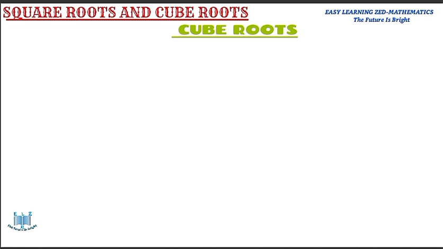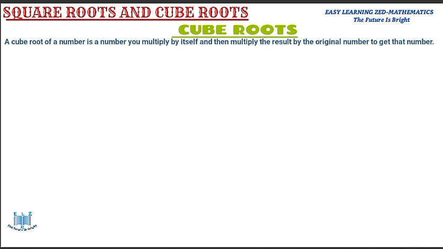Let me start by defining what a cube root is. A cube root of a number is a number you multiply by itself and then multiply the result by the original number to get that number.